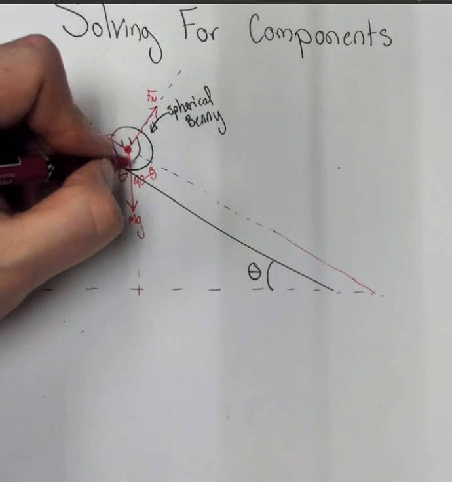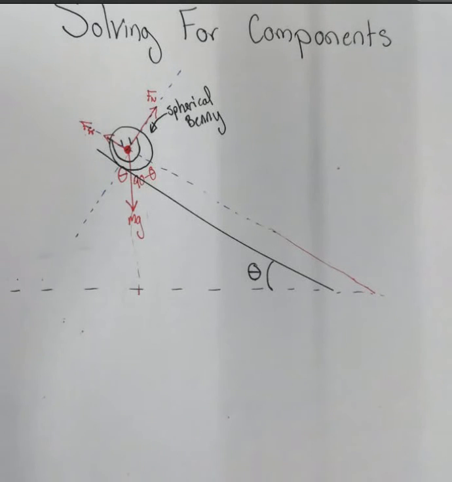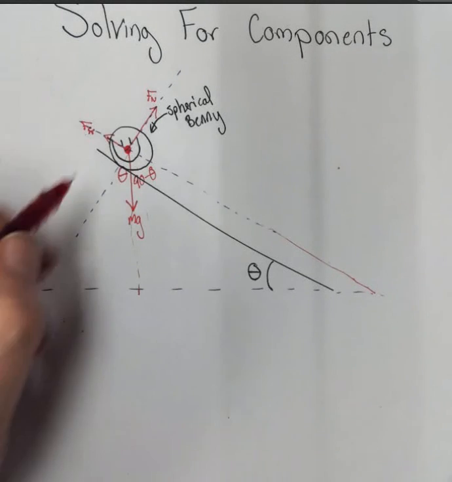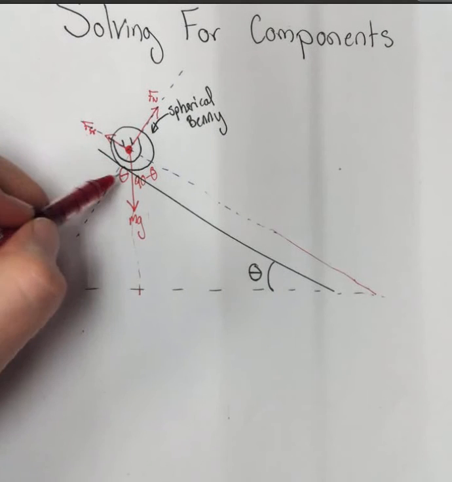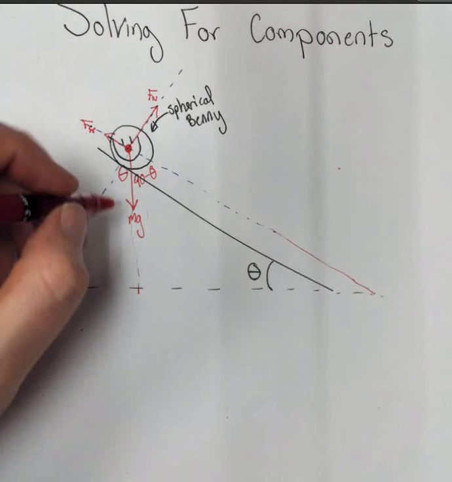Alright, and that's because that's a 90-degree angle. And that means that you've got a similar triangle on this side.